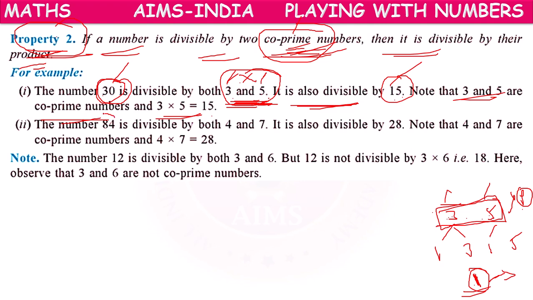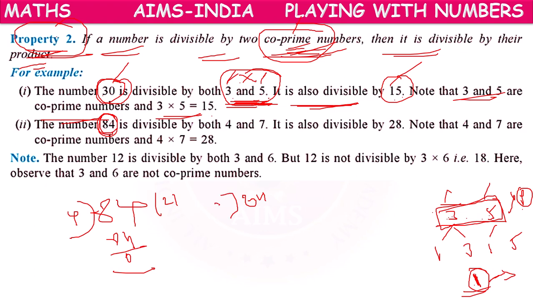Let's take another number, 84. 84 is divisible by 4. 4 21 times 84, 0. 84 is also divisible by 7. 7 12 times 84, 0. What is the nature of 4 and 7?